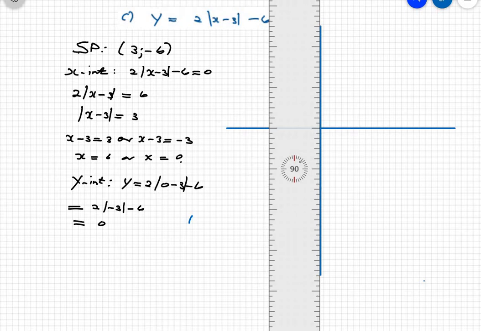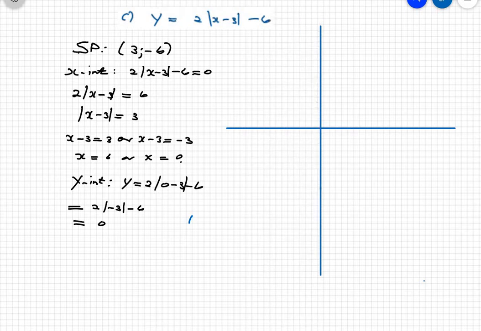And then put in my salient point. The salient point is 3, minus 6. Okay, 1, 2, 3, and 1, 2, 3, 4, 5, 6. It must go through 0. And it must go through 6. There we are.